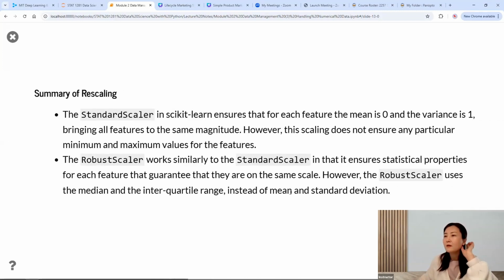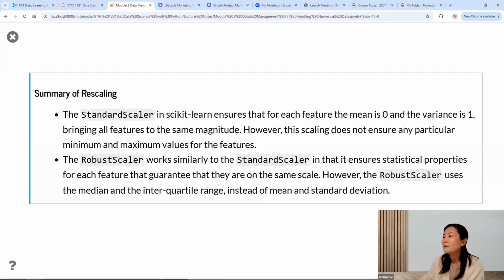So this is a summary of all the rescaling strategies. Standard scaler: after we standardize, we ensure that for each feature, the mean is 0 and the variance is 1. The robust scaler works similarly to the standard scaler.